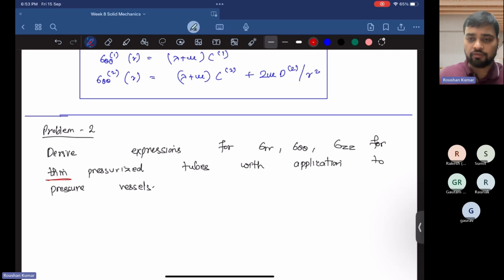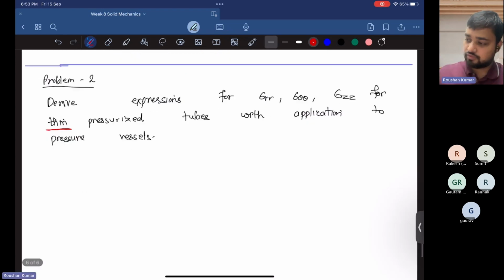There are two different ways to find the expressions for sigma r, sigma theta theta and sigma zz. For thick pressurized tubes, we derived in the lecture the expressions for sigma r and sigma theta theta. So first I will take the expression for the thick pressurized vessel and reduce it for the thin pressurized vessel.